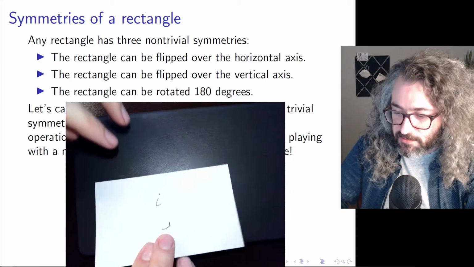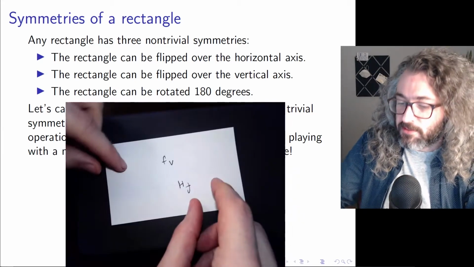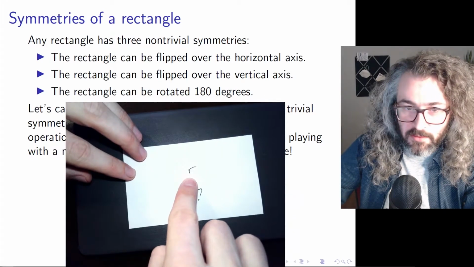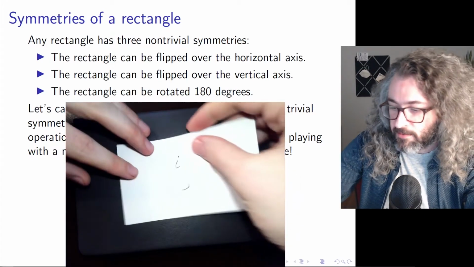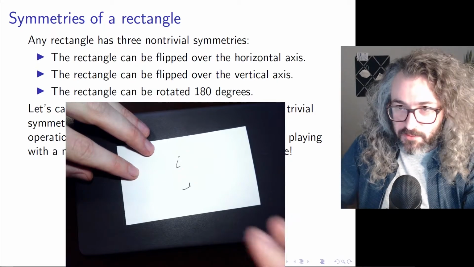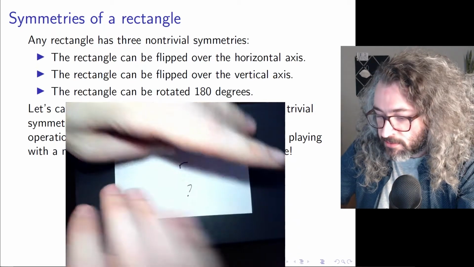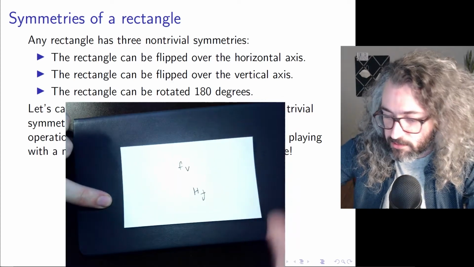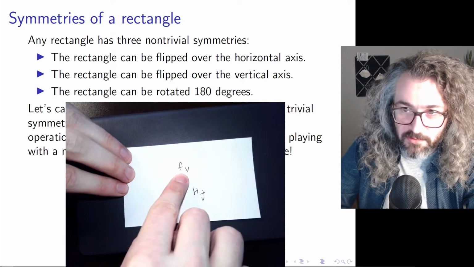So if you flip over the vertical and then flip over the horizontal, you get the rotation. If you do the rotation and then flip over the horizontal, you get the vertical flip.